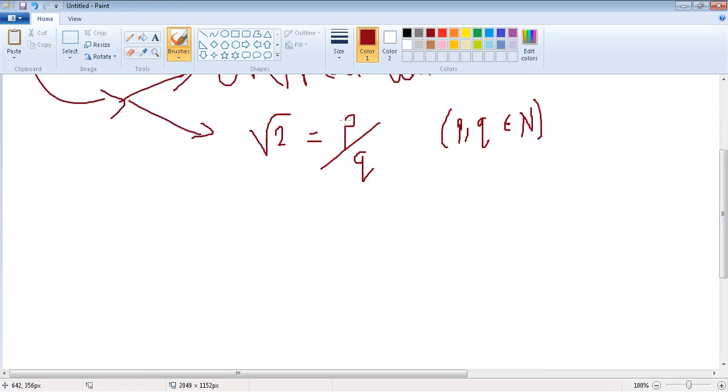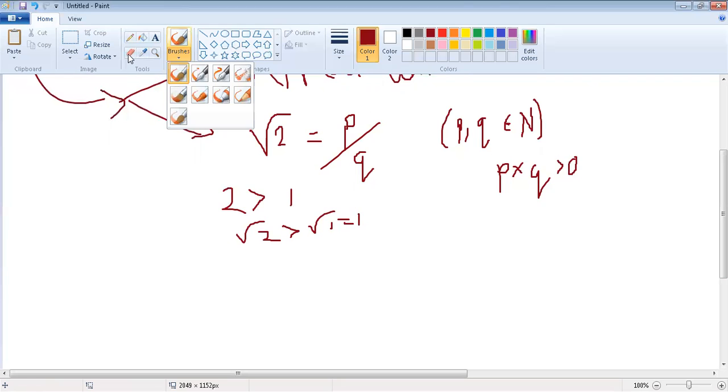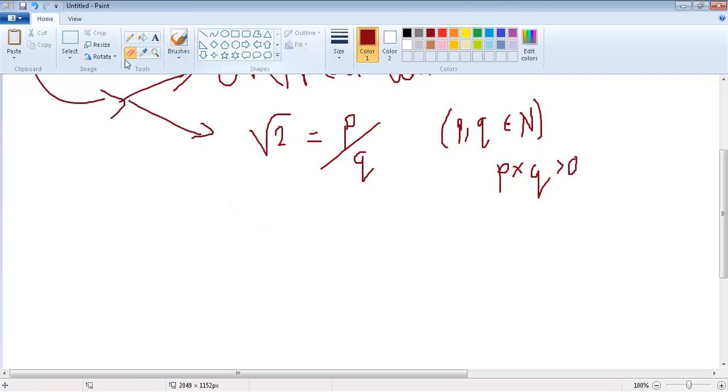You can assume them to be integers, but both of them have to be either negative or positive, because since 2 is greater than 1, root 2 would be greater than root 1, which equals 1. So this must be positive. So p times q must always be greater than 0. That means both must have the same sign.